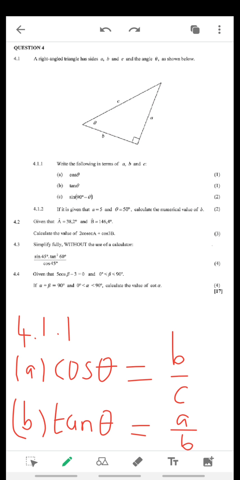Now, the next thing that they are asking us to do is, if we are given that 5 cos beta minus 3 equals 0, where beta is in the first quadrant, you understand what I'm saying? Where beta is in the first quadrant.